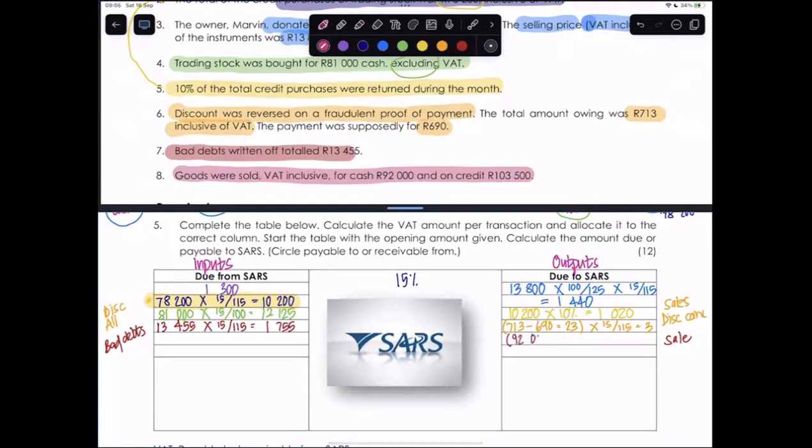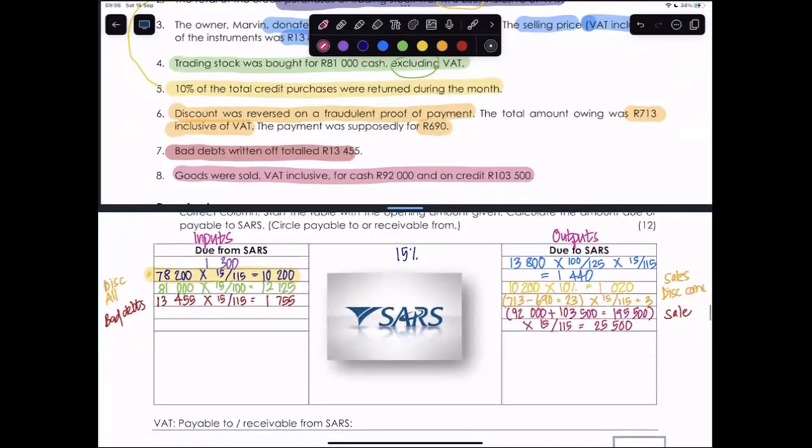So we say 92,000 plus the 103,500, which would then give you 195,500, and you take that times, again, if it's inclusive, we're going to say times 15 to get the VAT, divided by the inclusive 115 that we were given, and that will give us a total of 25,500.